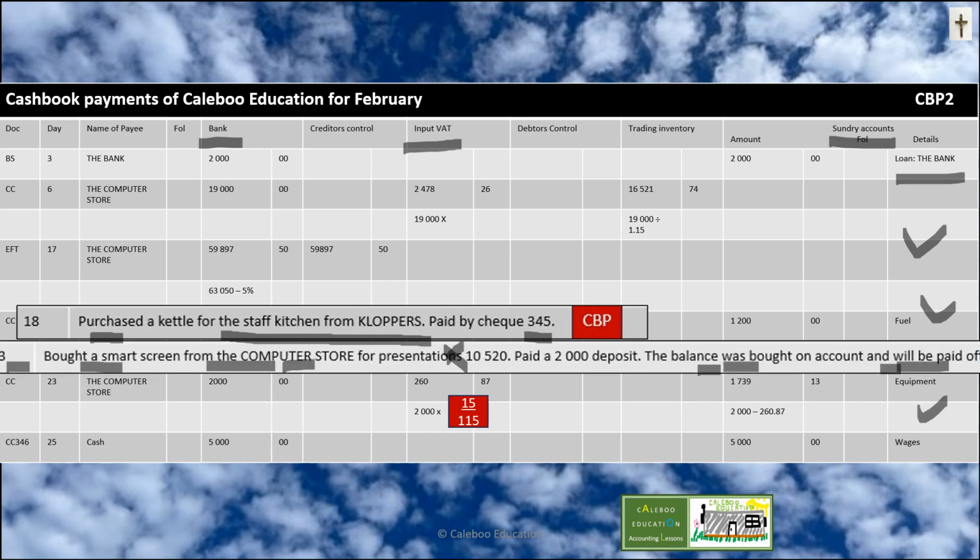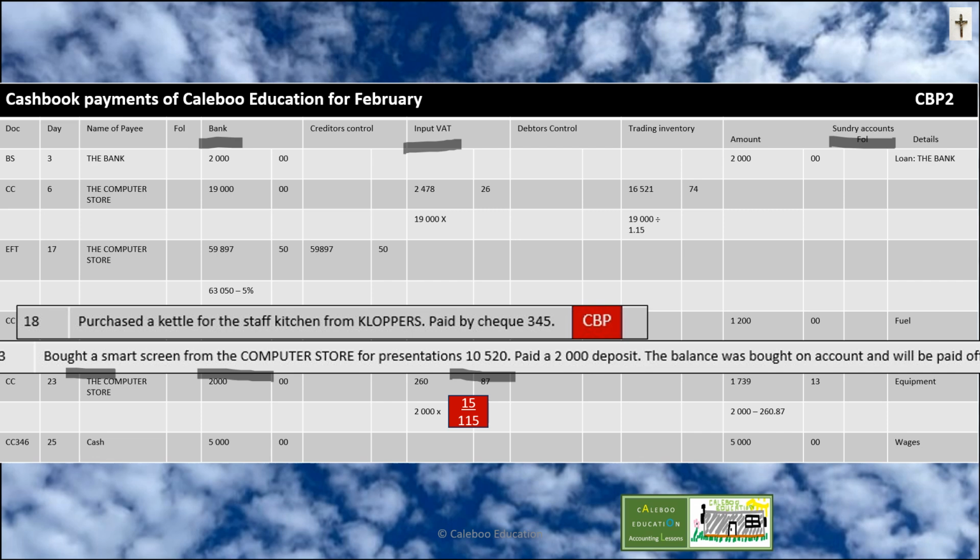on the 23rd, it says here we bought a smart screen from the computer store. And let's see how we're going to deal with this. For presentations, the price was $10,520 including VAT.